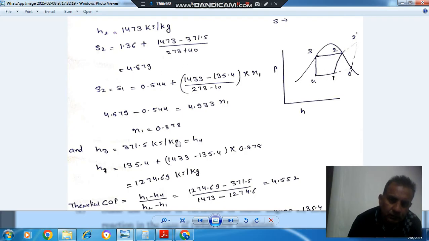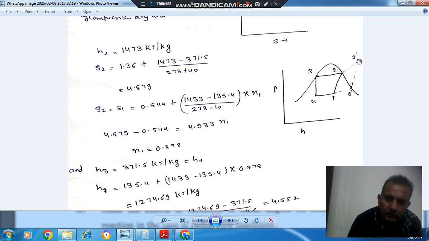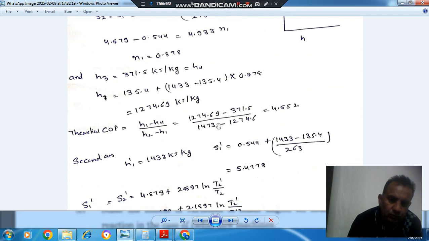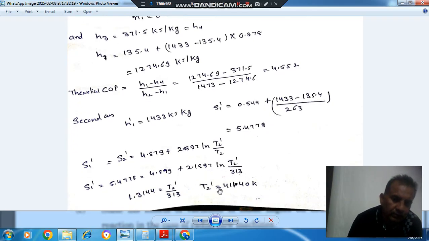So this part entropy is Cp ln T2 dash by T2. So T2 dash is this temperature, T2 is this temperature. So T2 we know that is 273 plus 40, that is 313. So T2 dash we can calculate, that comes out as 411.403. Okay.